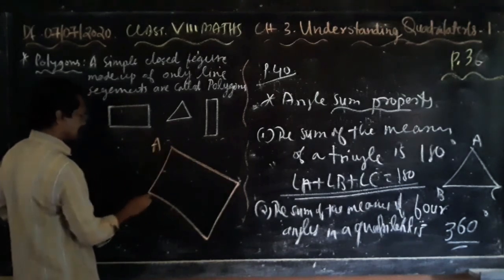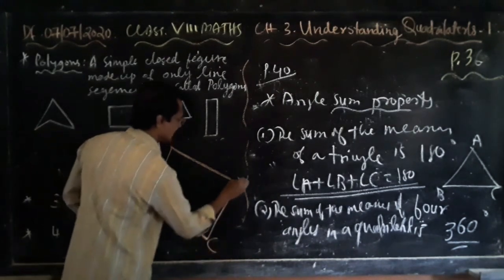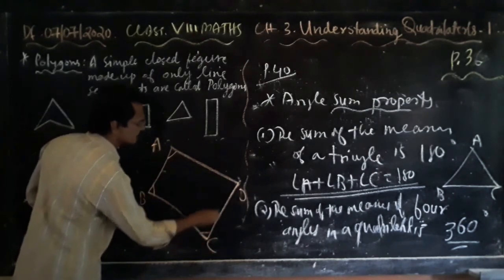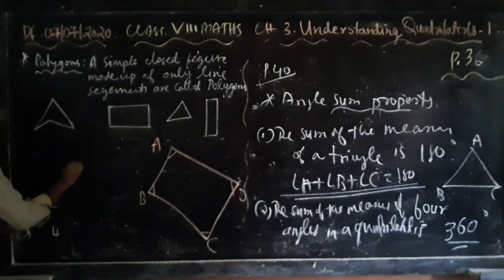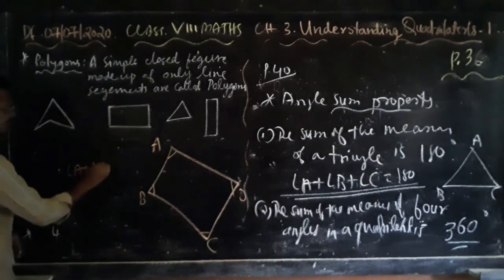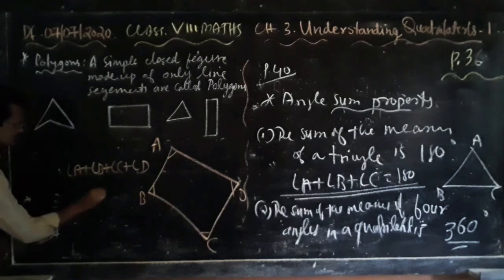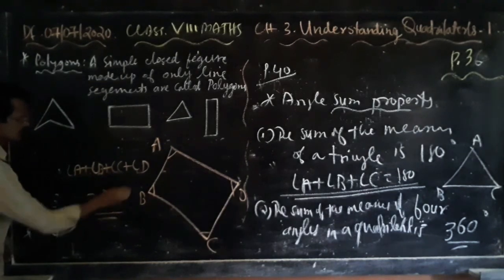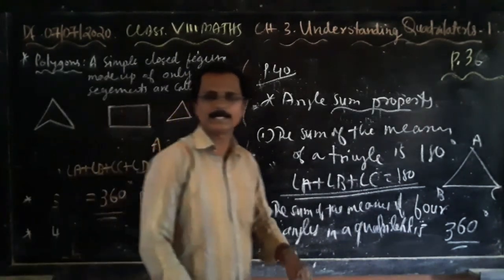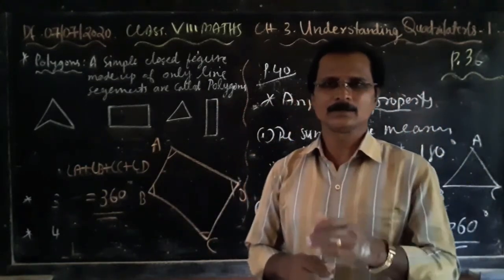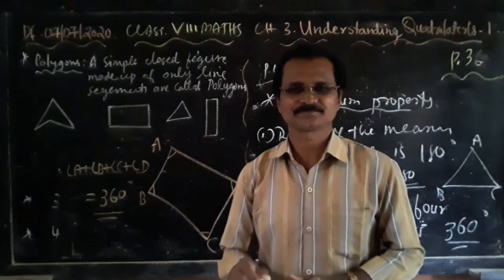You can construct a quadrilateral like this also: A, B, C, and D. So angle A, angle B, angle C, angle D. That means angle A plus angle B plus angle C plus angle D equals 360.